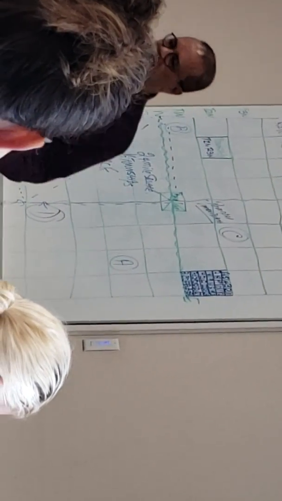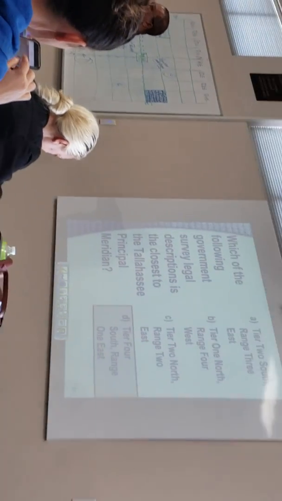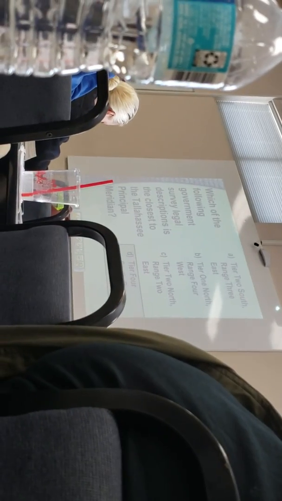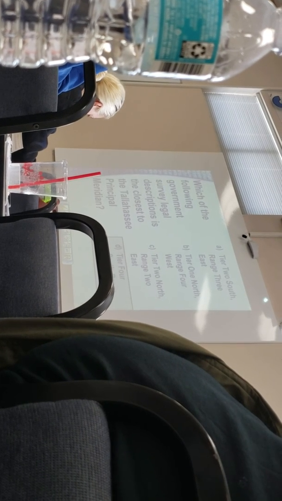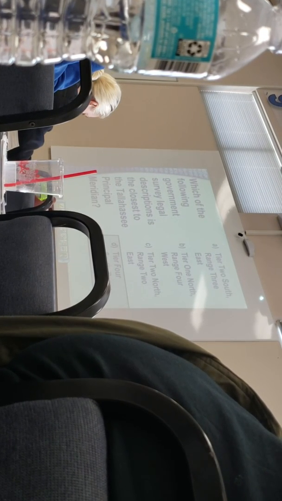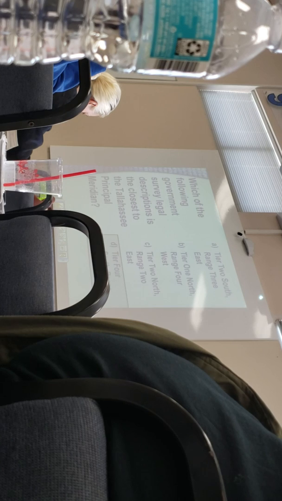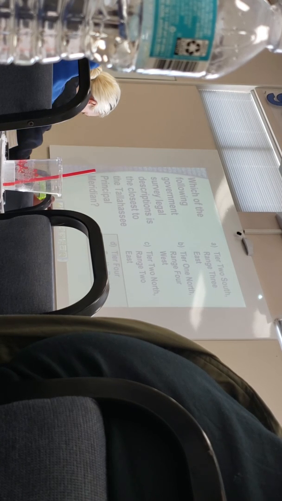Because if you look at it, Range 1 east is closest to the principal meridian. Ranges are formed from your principal meridian. That's closest. That's why they ask you those questions.